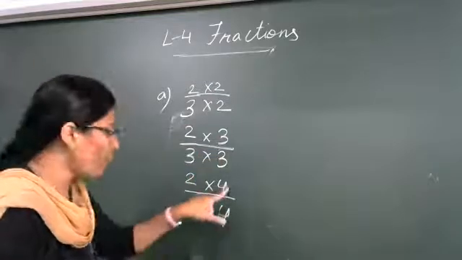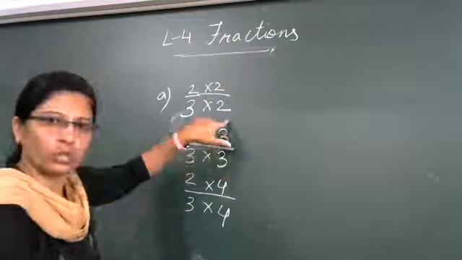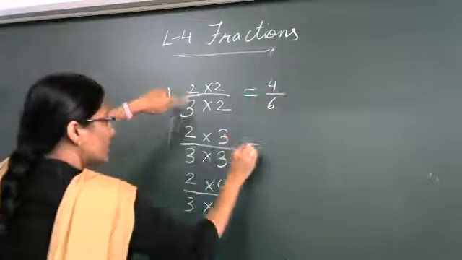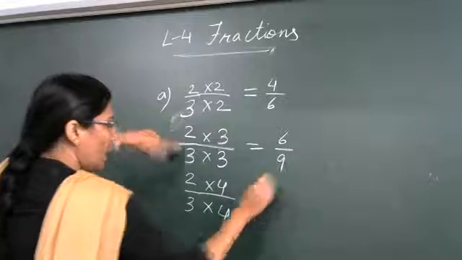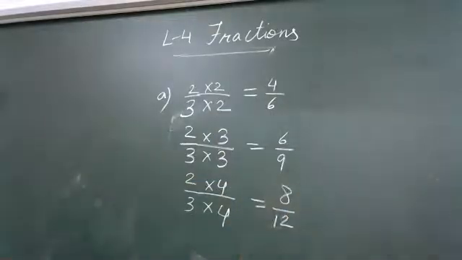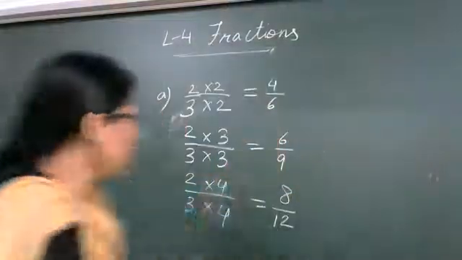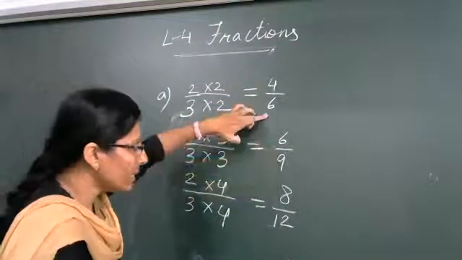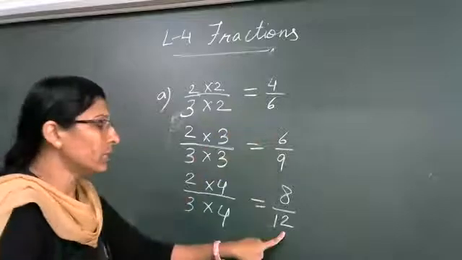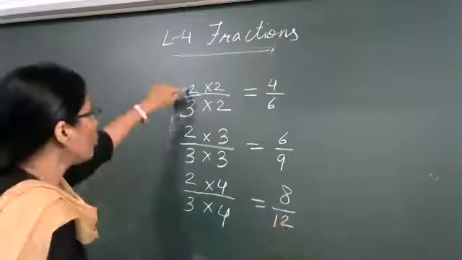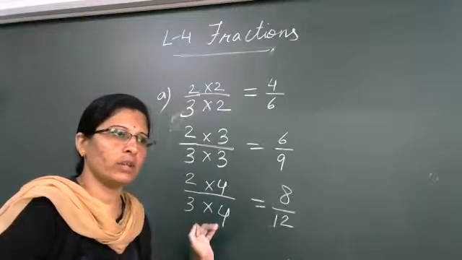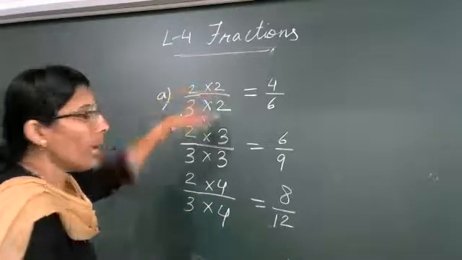So up and down, 4, 4, 3, 3, 2, 2. What answer are we getting? 4 by 6, 6 by 9, 8 by 12. These are the equivalent fractions of 2 by 3. Understood how to find? You only have to multiply the same number up and down.